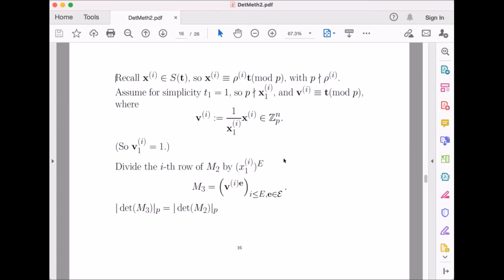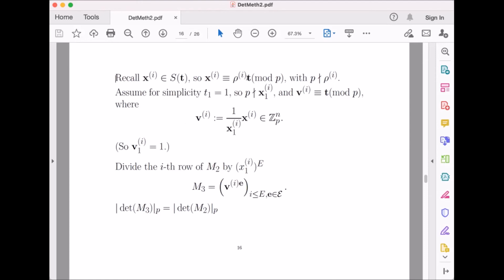So we've got to do a little bit of normalization. Remember that these xi's were in the set S_T, so they're projectively congruent to a multiple of t, rho_i times t. These are supposed to be primitive vectors, so p will not divide rho_i.